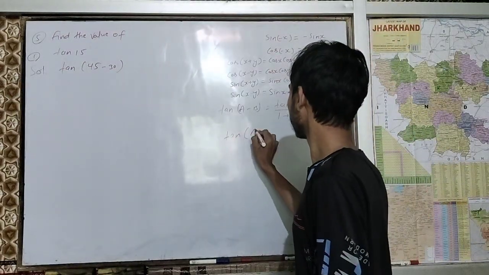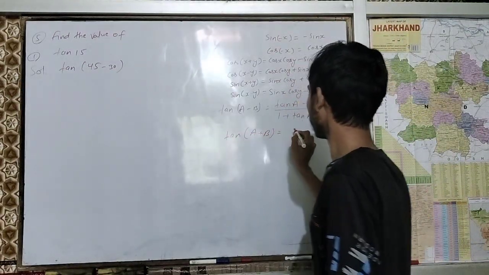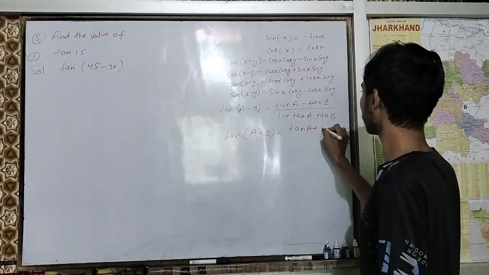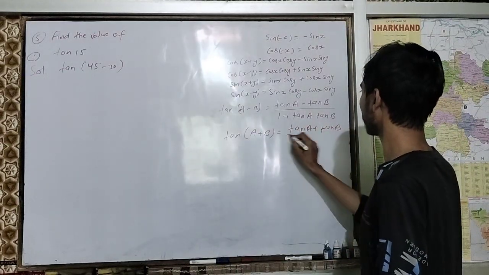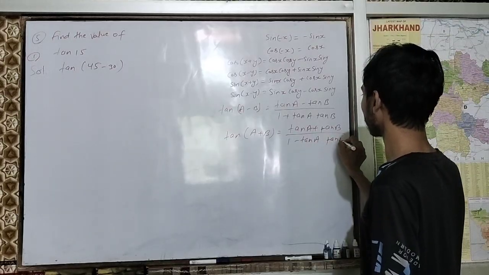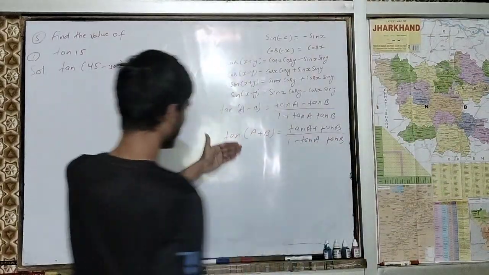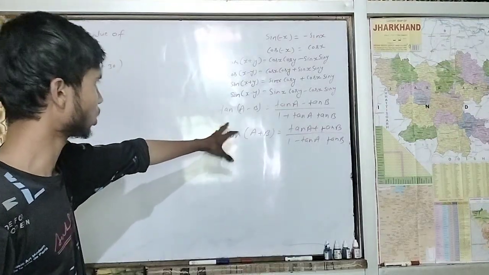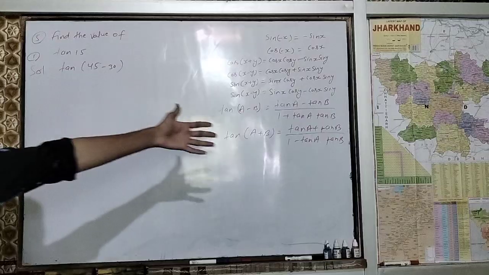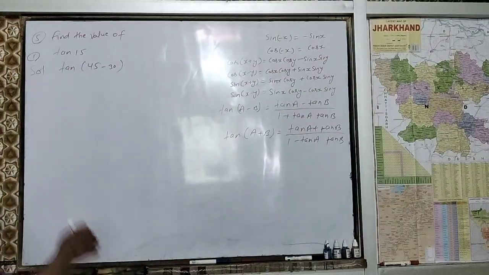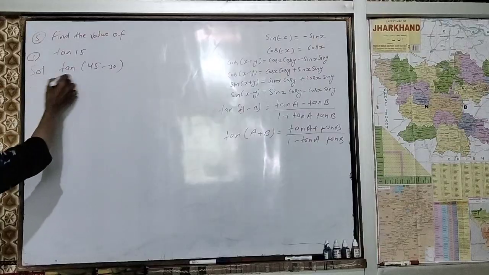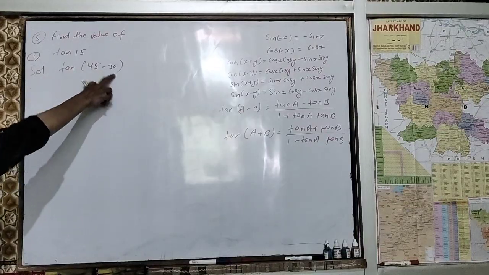For tan A plus B, it will become just the opposite: tan A plus tan B upon 1 minus tan A into tan B. These are two more trigonometric identities. Whenever there is a requirement, we will apply them. Here we are going to apply this one, so this is A and this is B.